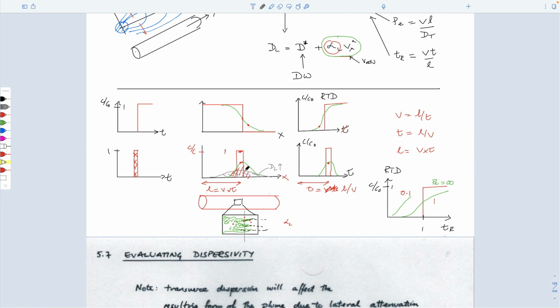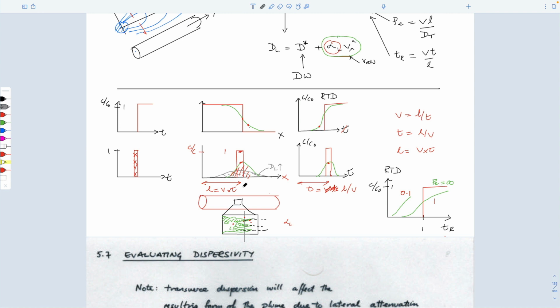But what could happen is that the solute could interact with the porous medium and sorb onto it, such as onto carbon within that porous medium, and then it would be lost to the flow field. And if it's lost to the flow field, then the area under these curves would not be the same.